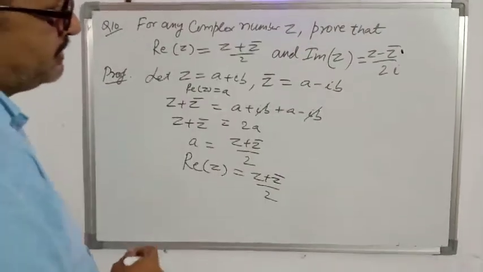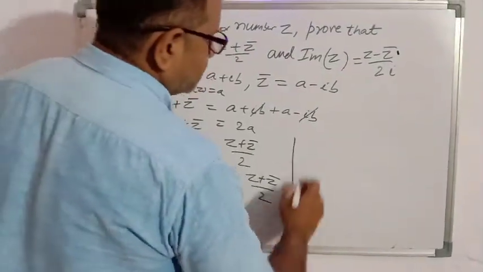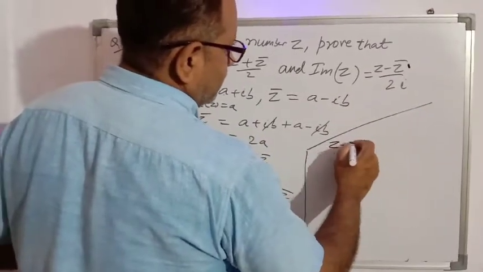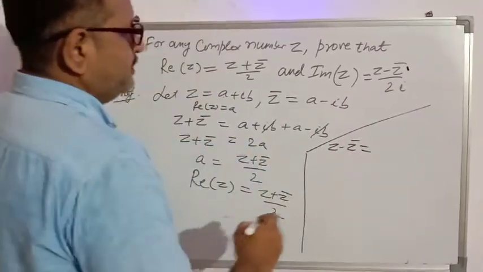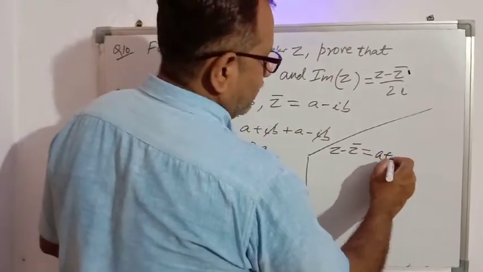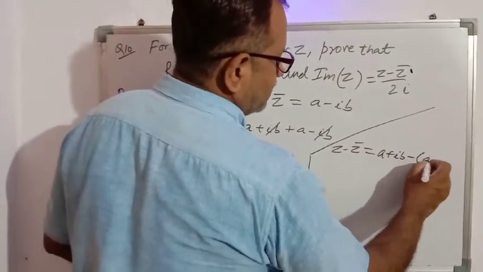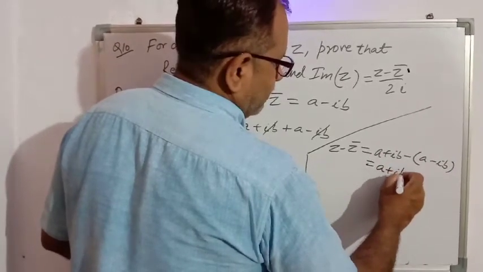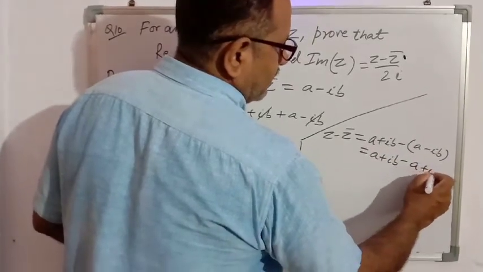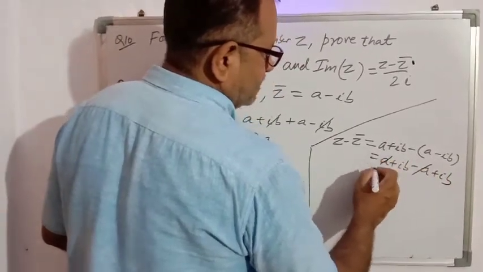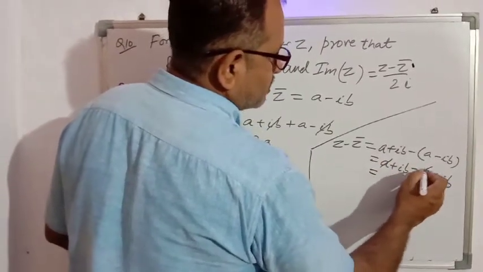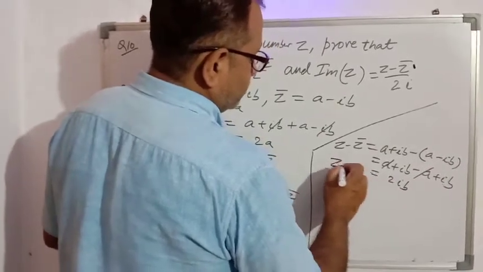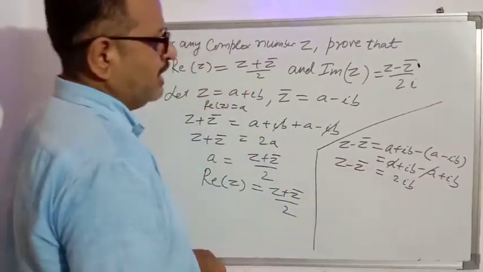And for the second part, subtract z minus z bar. Z minus z bar is a plus ib minus a minus ib, which is a plus ib minus a plus ib. Minus a plus a cancel, plus ib plus ib is 2ib. So z minus z bar is equal to 2ib.